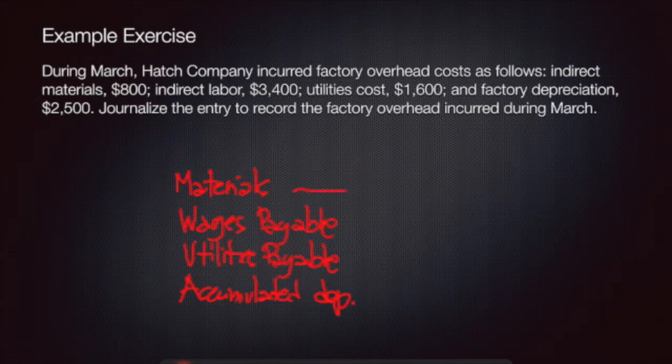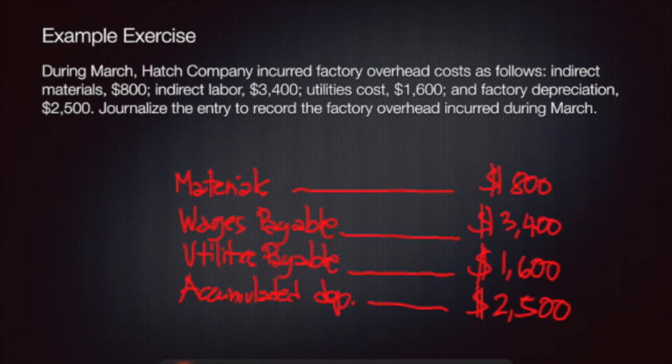So the materials will be $800. Wages payable at $3,400. Utilities payable at $1,600. And the accumulated depreciation at $2,500.